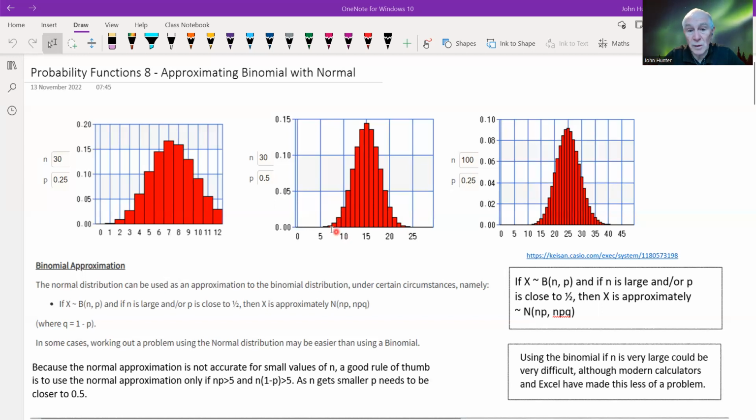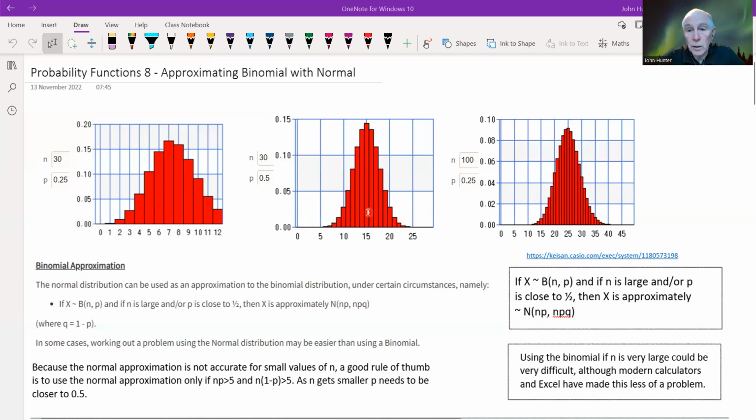So why don't we just say it's a normal distribution, and if we know what the mean and the variance is, then we can get a correspondence between this and the normal distribution. Well, we do know that.